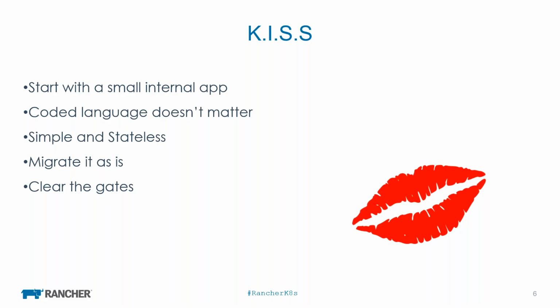What I've found is that organizations that have a simple application that they use to clear the gates and develop the processes find it a lot easier, because typically a lot fewer departments will scrutinize it. So if you choose something that's almost irrelevant to the organization, but it actually clears the gates, you'll reap benefits from it in the long run.